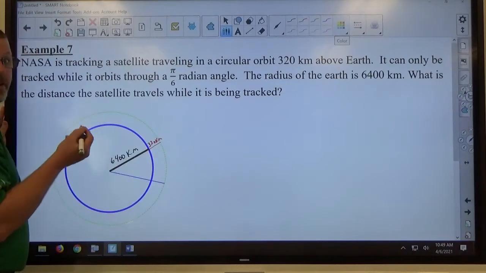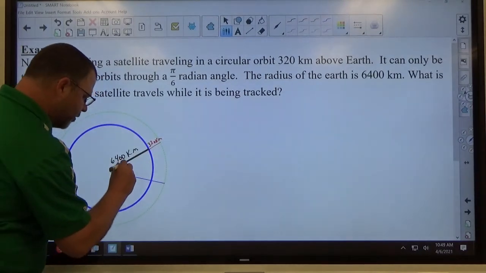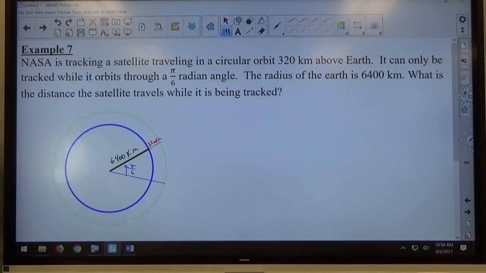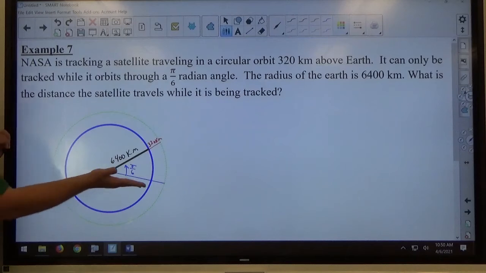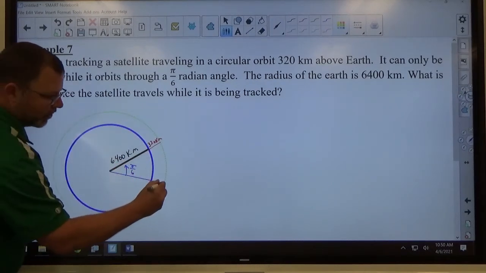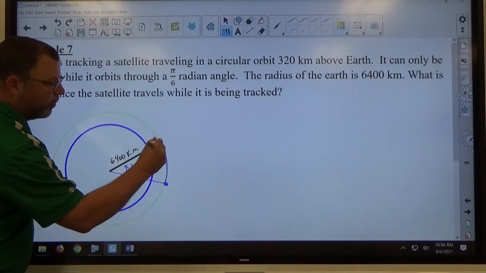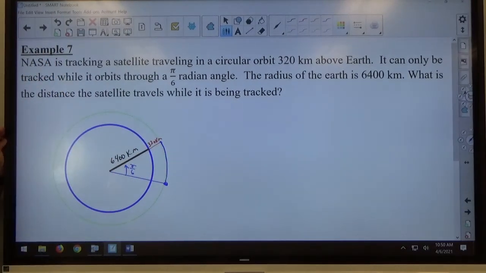Pi/6 is about 30 degrees, in case you wanted to know that. But the whole idea is that you get a picture of this drawn. It doesn't matter what the picture itself looks like. So the satellite starts here, gets tracked all the way around to here, and then they lose track of the satellite.